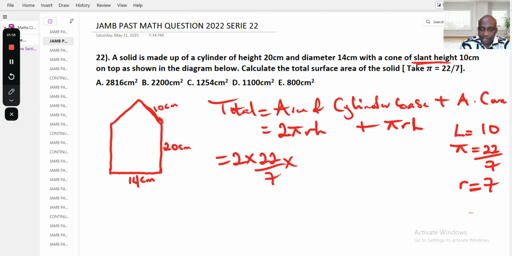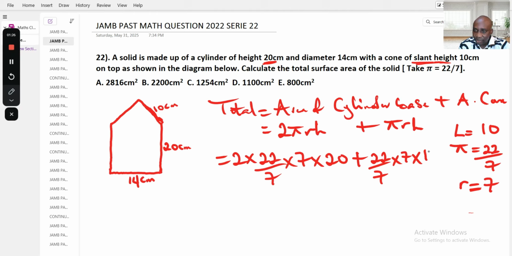Our radius is 7. What is our height? Our height is 20 centimeters. Plus pi, 22/7, our radius multiplied by the L. L represents the slant height, which is 10.